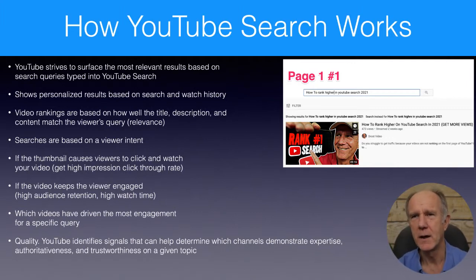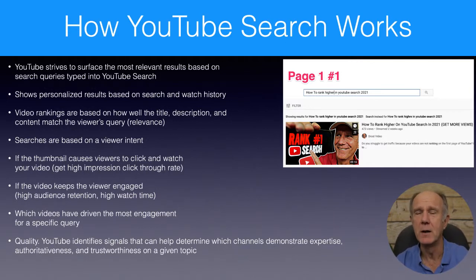Your job as a creator is to make the best title, which ideally has that search query in the title. Then the best description, where the first 3 lines should encapsulate the content of your video, and then have an amazing thumbnail that stands out for people to click on.